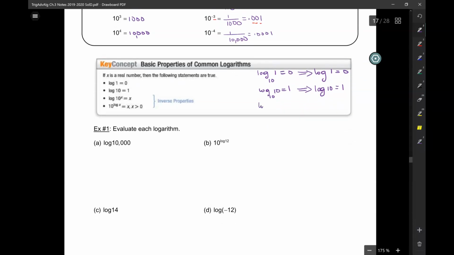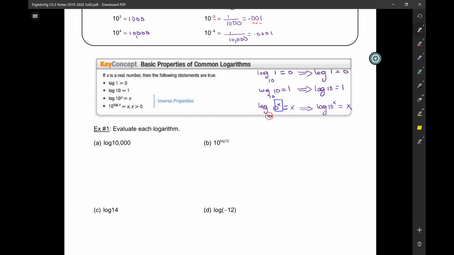So now, if I have log base 10 of 10 to the x, now the base is 10, and I'm asking you, what should be the exponent of 10 so I get 10 to the x? What do you think? What should be the exponent of 10 so it looks like 10 to the x? X. So that's just x. That means log of 10 to the x is just x. So remember what we were doing before is if you had log base b of b to the x, it kind of reduces to just x.